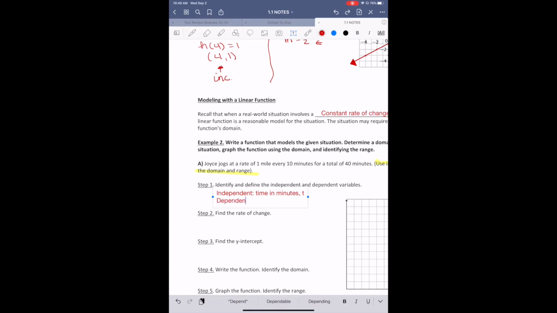Our dependent variable would be distance in miles, and we are going to label that d. Okay, so the distance she runs depends on the time she runs for, right? She can run for 20 minutes and maybe get in 2 miles. Not she's going to run for 2 miles and get it in for 20 minutes. So there is a big difference in how we define that.